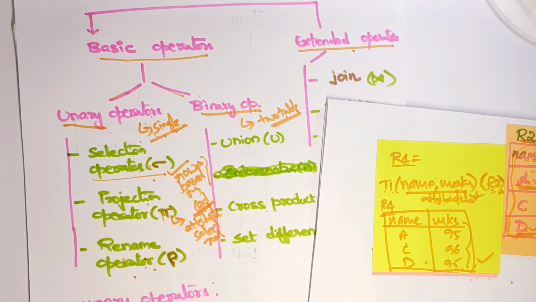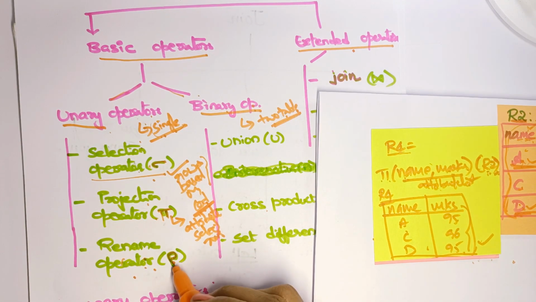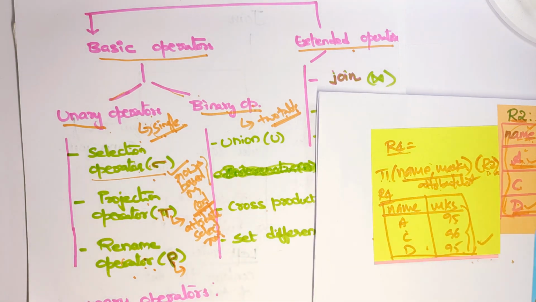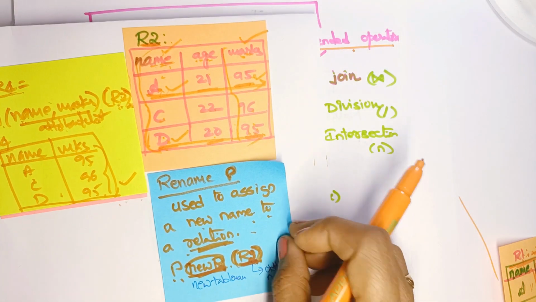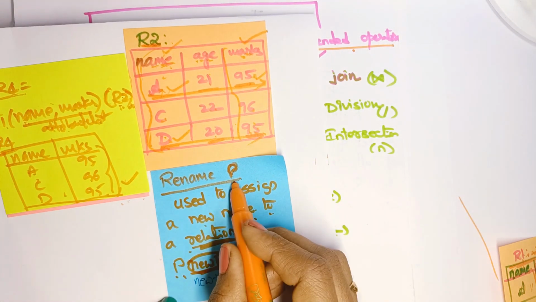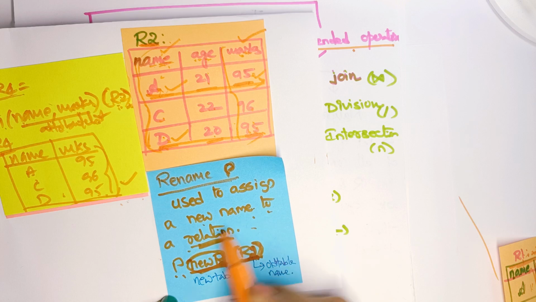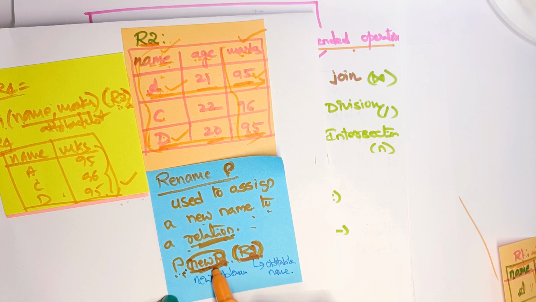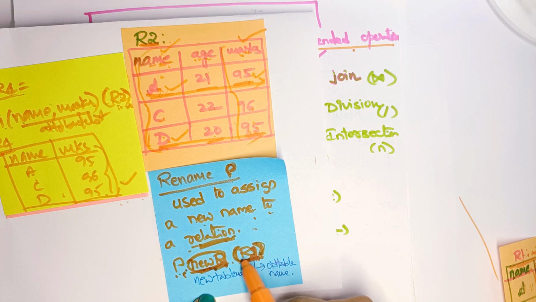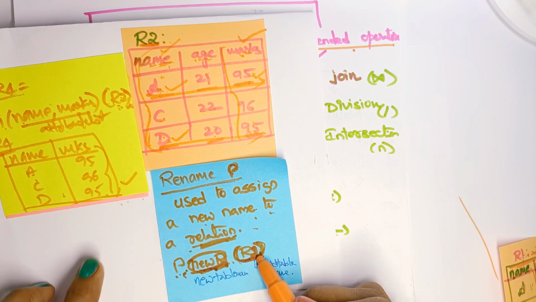Now we will see the rename operator. Rename means if you want to assign a new name to an old table name, then you can use rename. It is used to assign a new name to a relation. So here the syntax will be rho, new relation name, and within the braces you need to mention the old relation name.